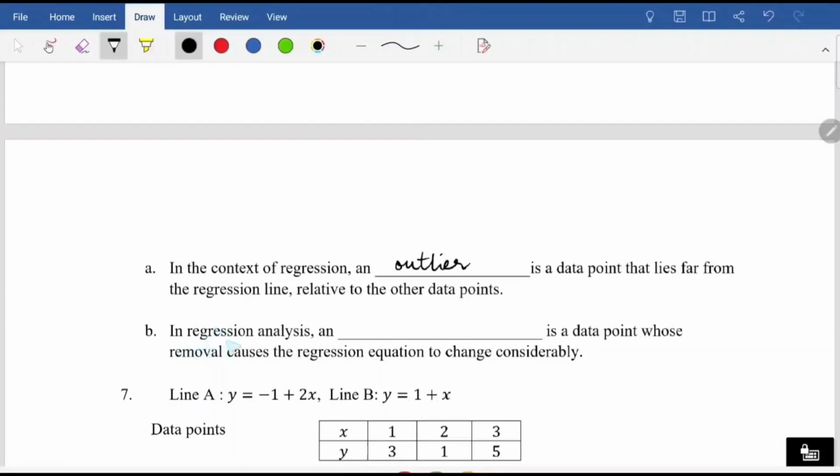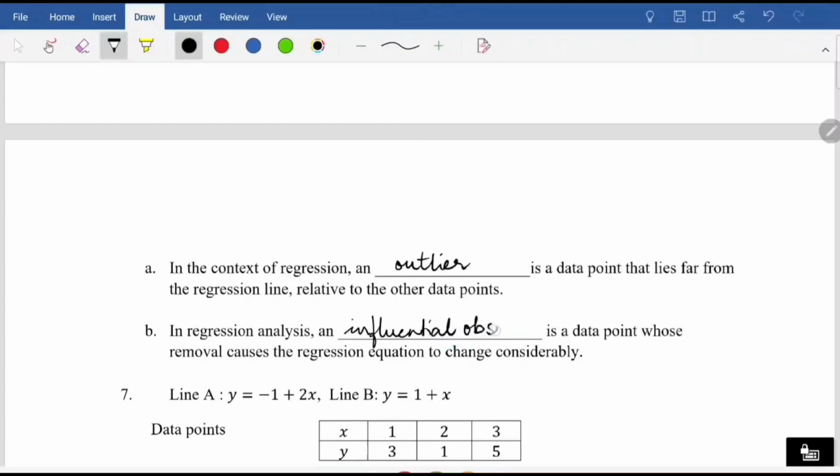And then B says, in regression analysis, blank is a data point whose removal causes the regression equation to change considerably. An influential observation.